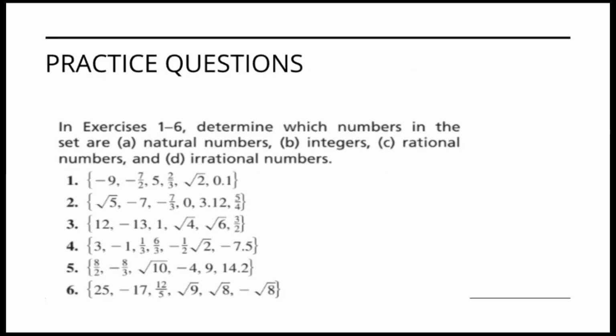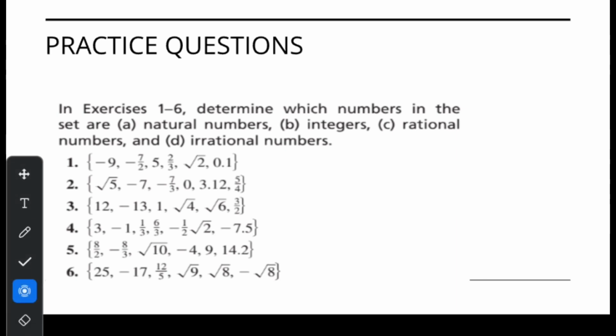It says, determine which numbers in the set are natural numbers, integers, rational numbers, irrational numbers. Here you can see that there are 6 questions, given in the form of a set. Let's take one set and find out about each number, starting from the very first number, which is -9.